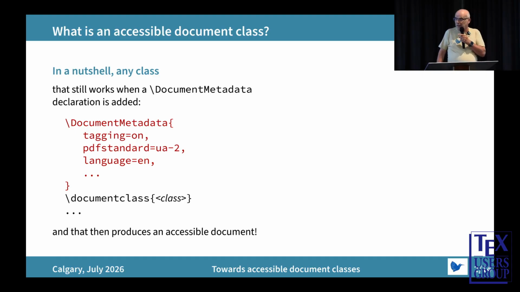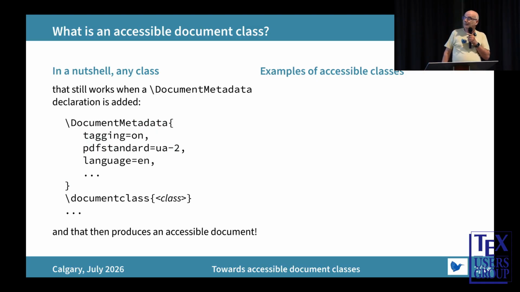In the same way, we intend to use document metadata as an indicator of things that have more functionality back to certain standards that were not there in the past. This is an important bit, but the idea is that's the only thing you have to do. So that's what an accessible document class should be. You add this and it works.